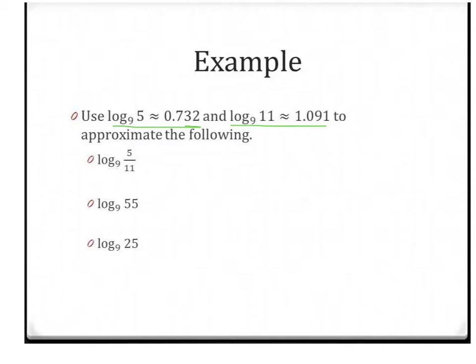And so if we use our properties to split this apart, if I have a quotient, then I can split this up into subtraction. You need to make sure that you're using your properties here and writing them in correctly. So log base 9 of 5 minus log base 9 of 11.